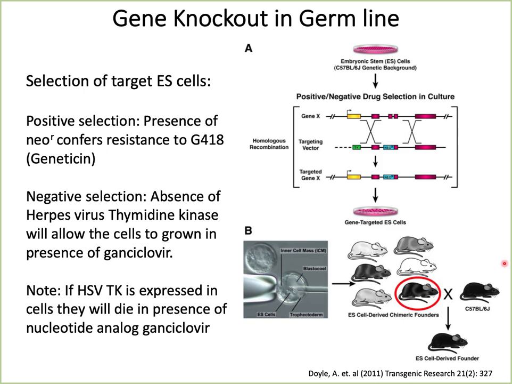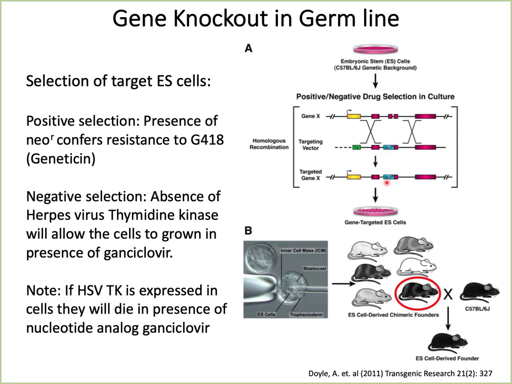Here we are looking at the same process, and how this germline insertion can actually happen. You take the embryonic stem cells, and we are looking at this gene X. Right here is a thymidine kinase, here you have the neomycin, and this is the gene X that we are interested in.